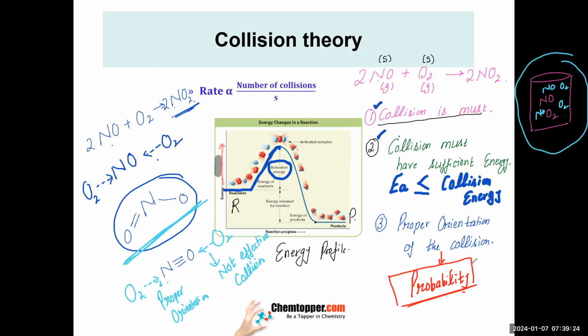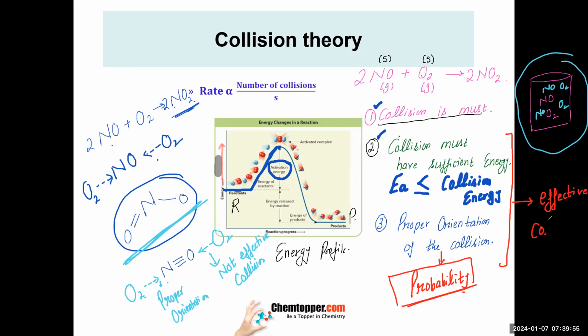Same here, when the molecules are colliding, if you increase the number of collisions, then the probability of proper orientation will increase. And if the molecules have sufficient energy and proper orientation, if these two conditions are satisfied, then only you will get the product. These are called effective collisions.